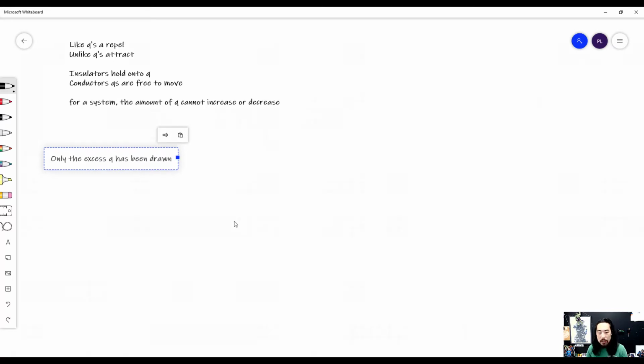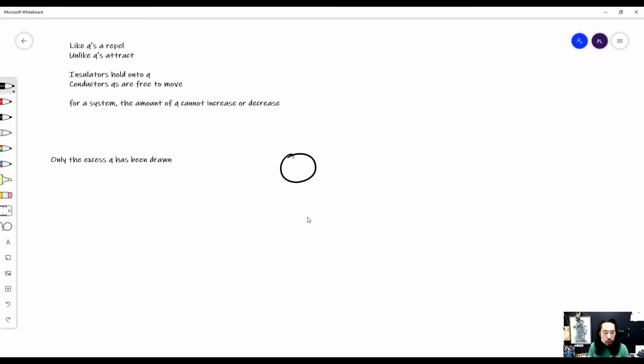What this means is that normally, if we have an object with both positive and negative charges, they're everywhere. Let's say this is an overall positive object. That kind of looks messy.